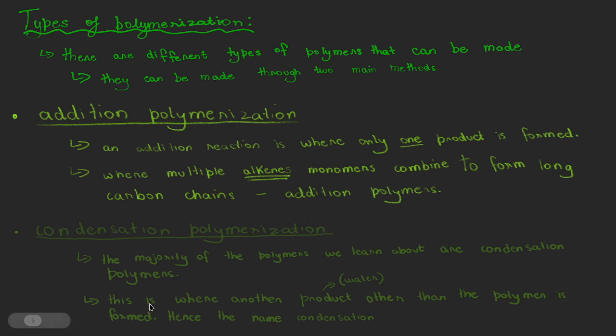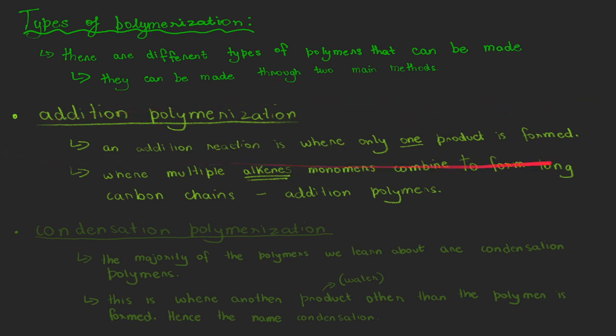So, what exactly is addition polymerization? Addition polymerization is where you take multiple monomers and you join them together to form a polymer. And it's an addition reaction. An addition reaction, you might be familiar from organic chemistry previously, is that multiple reactants are usually combined to form a single product.